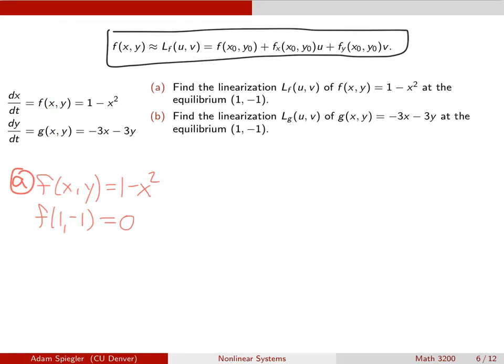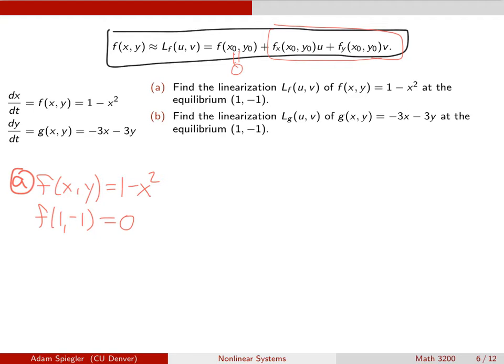So one thing that's nice about this is that if we're working with equilibrium, that part is always going to be 0 because by definition we want the dx/dt to be equal to 0. And all that's going to be left are going to be these terms over here. So we need to find those.